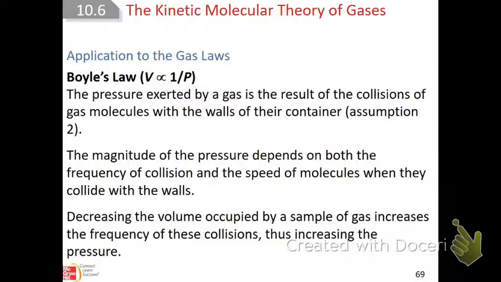Boyle's law makes sense if you understand that pressure in a gas is caused when those particles collide with each other and the walls of the container. If you give them less space to move around, they will hit each other more often. So pressure is going to increase. So it certainly makes sense.